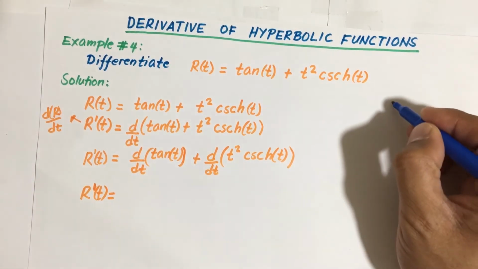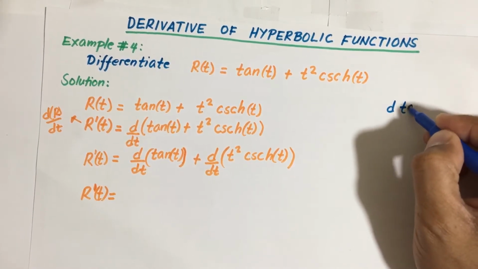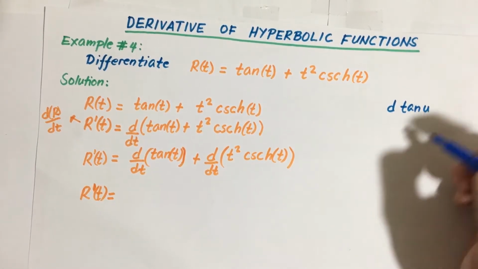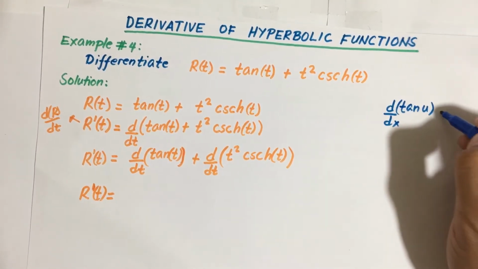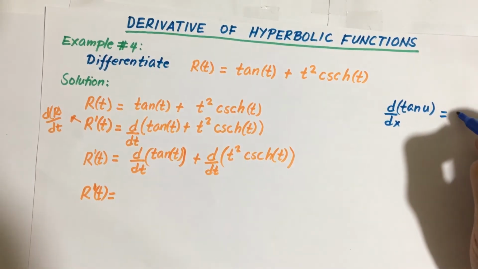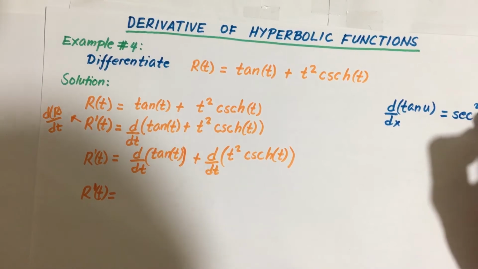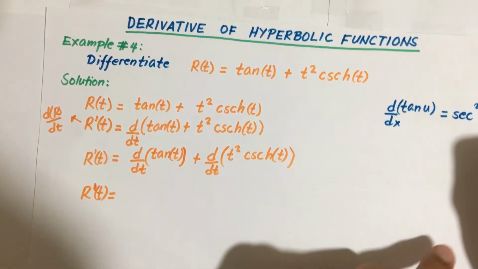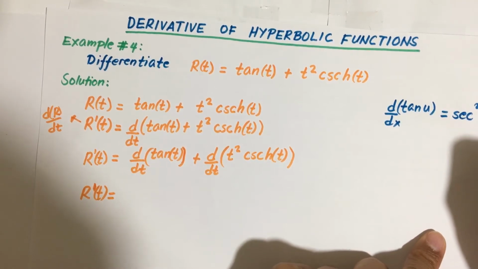The derivative of tangent u with respect to x is equal to secant squared u times the derivative of u with respect to x.